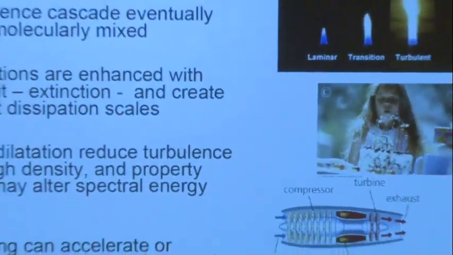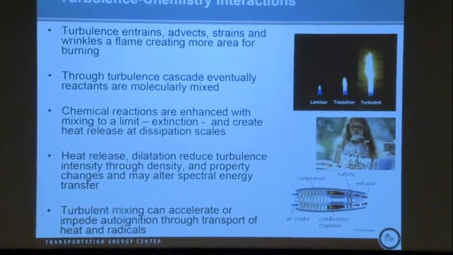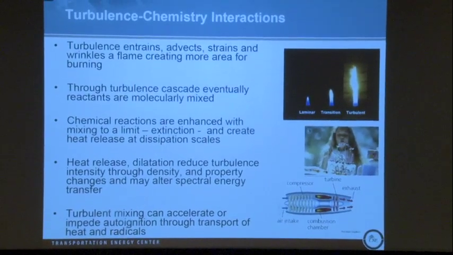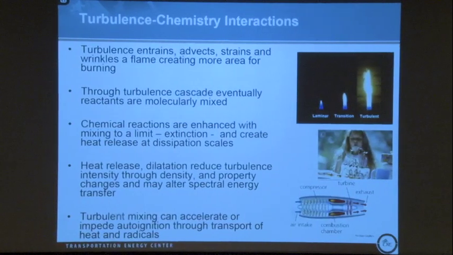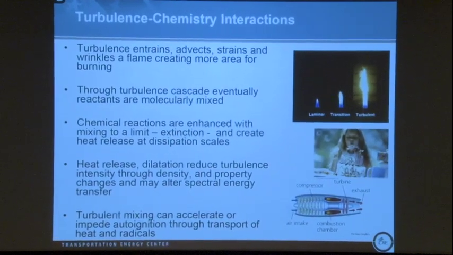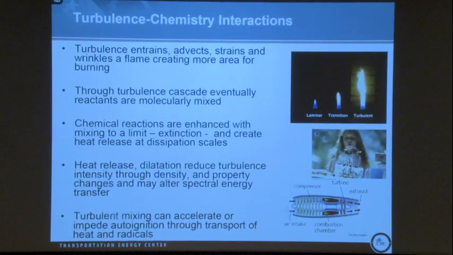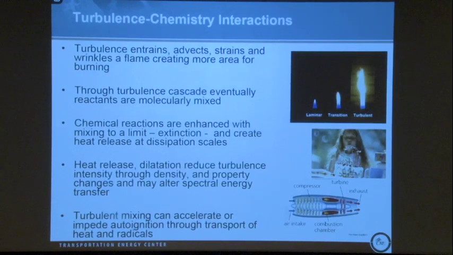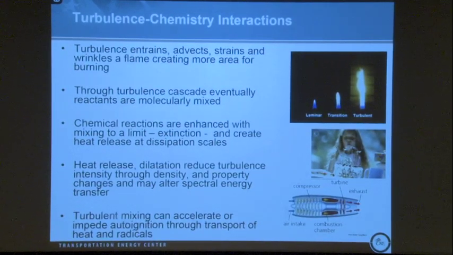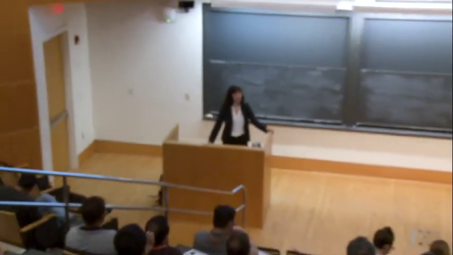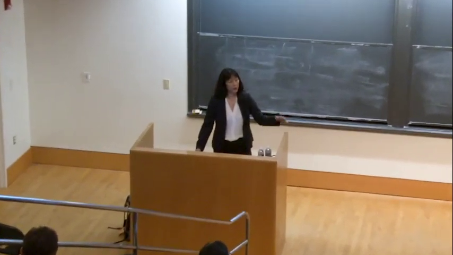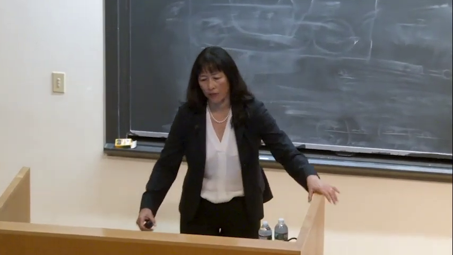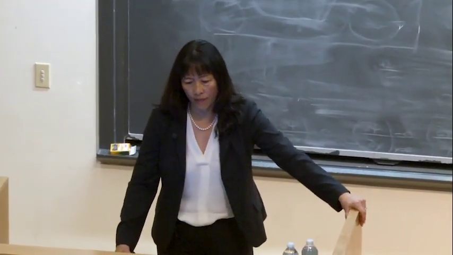So at a most fundamental level, I'm going to focus today not on all of the multiphysics, but mainly on the gas phase interaction of turbulent entrainment mixing, and some of the chemical interactions that occur in a flame, or when you're trying to self-ignite a mixture, for example, in your diesel engine, as you raise the pressure and temperature to the point that reactions start to occur.